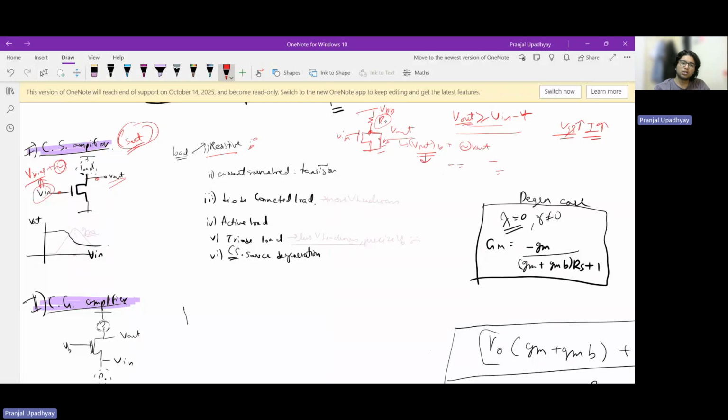If you want R to be as large as R naught, the resistor also has to be large in size, which will again consume your area on chip. So taking a resistive load is not a great idea. There are two reasons: one is the IR drop, and another is the area concern. So using a resistive load is not that great of an option for the CS amplifier.